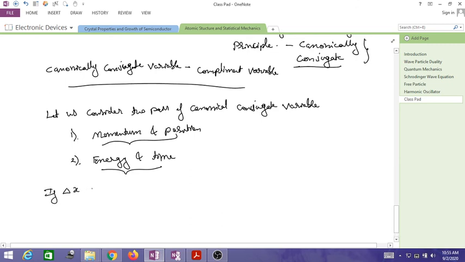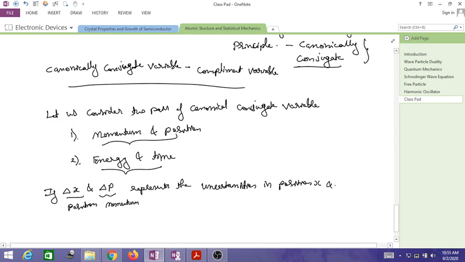Delta x is the uncertainty in position and delta p is the uncertainty in momentum of the particle. I keep making mistakes in the spelling of particle.